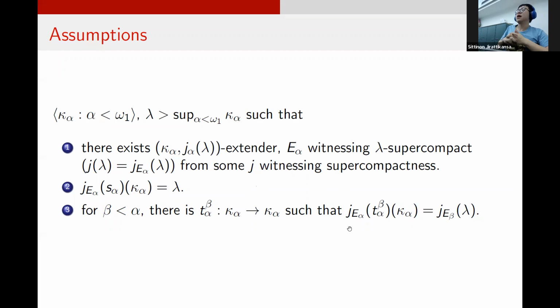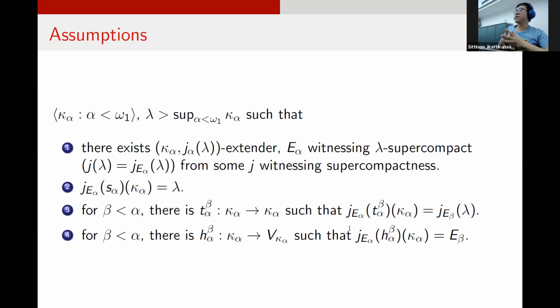So what do I mean? I want some function T beta alpha from kappa alpha to kappa alpha, such that J E alpha of T beta alpha computed at kappa alpha is going to be J E beta of lambda. So I want to save a lot of details about what's going on before alpha inside the out V E alpha.